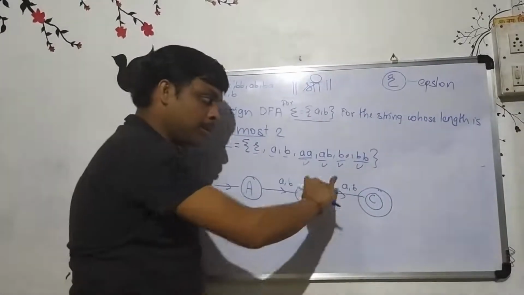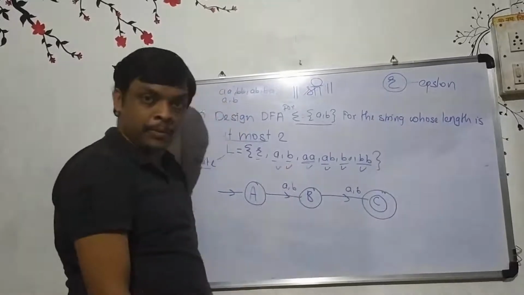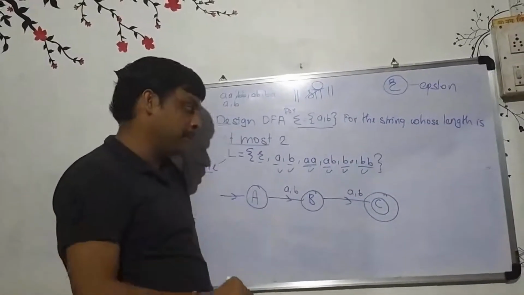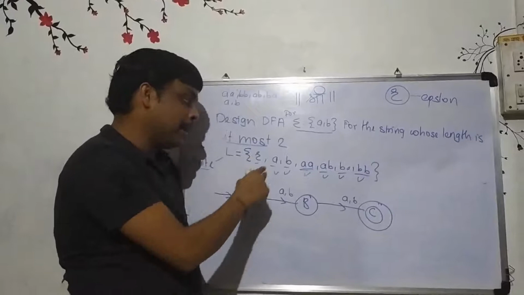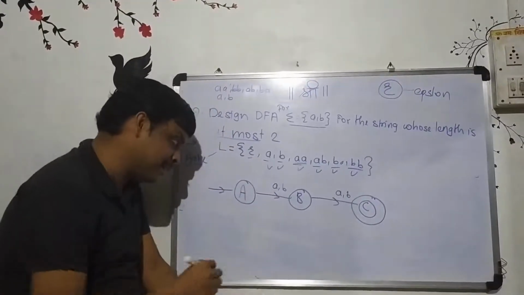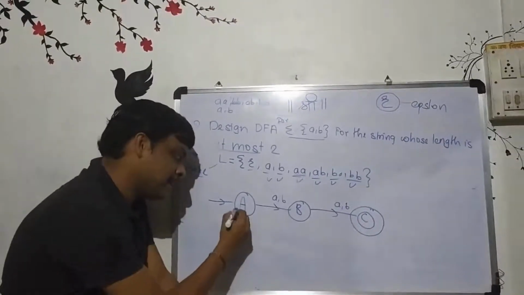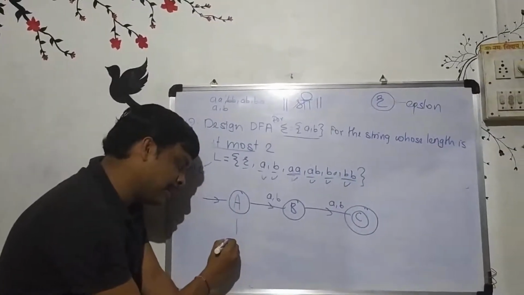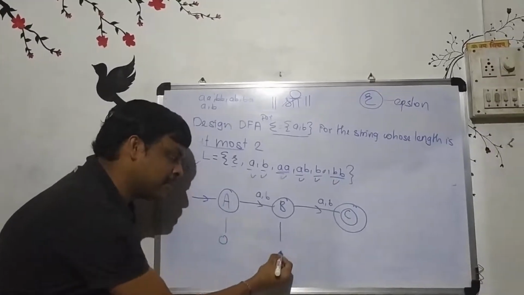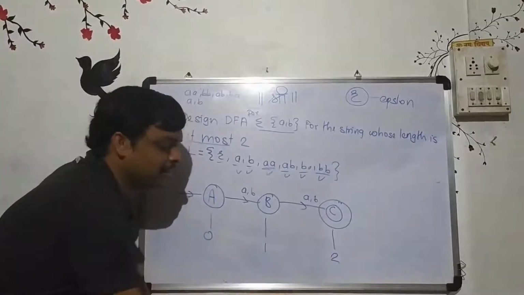But along with these 4 strings we have to accept A and B as well. Only A and only B. In my previous example I said that, for logical understanding, we may say that the first state represents string with length 0, the second represents string with length 1, and the third represents string with length 2.